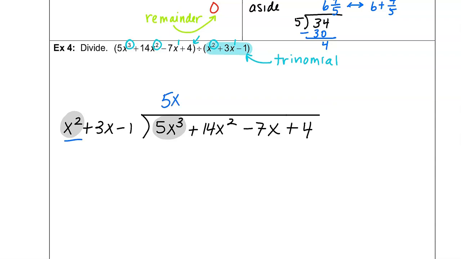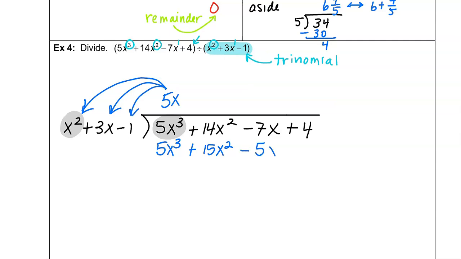Now we're going to distribute that through. It has to go to all 3 terms. So 5x times x squared is 5x cubed. 5x times plus 3x is plus 15x squared, and then 5x times minus 1 is minus 5x. Are we good there? Okay.